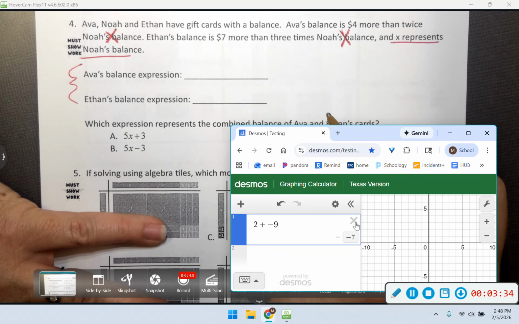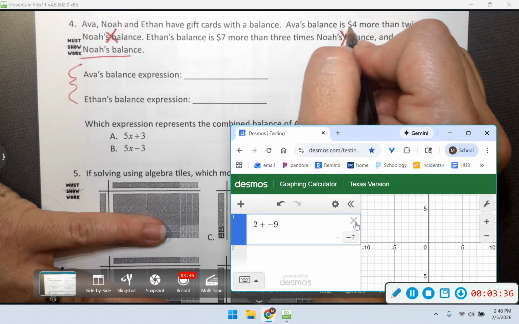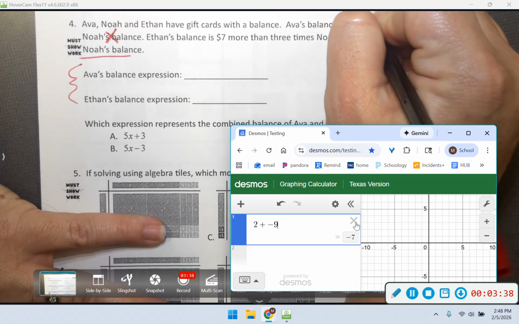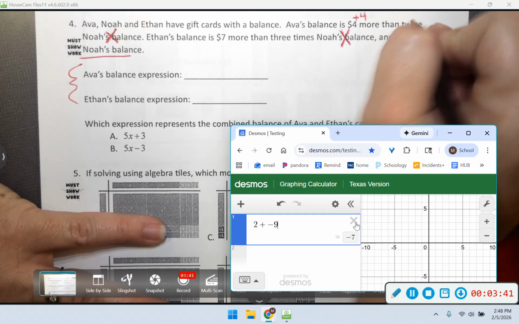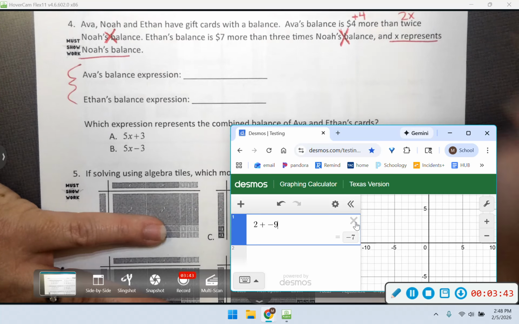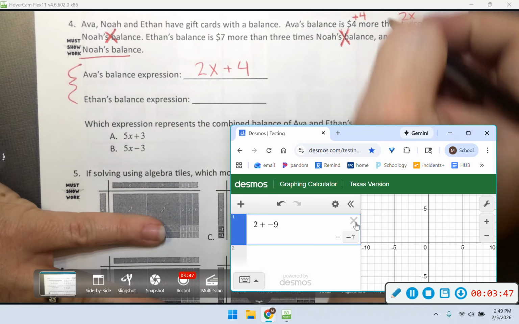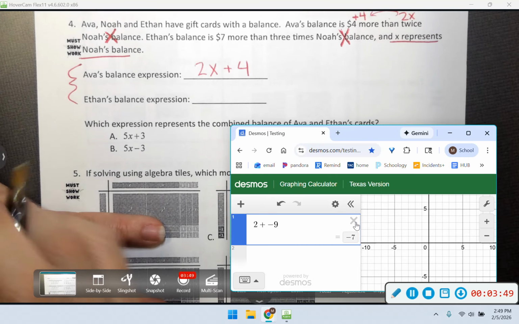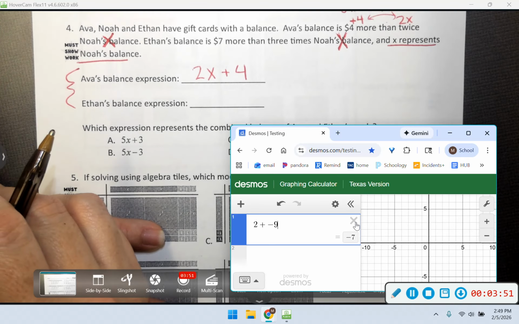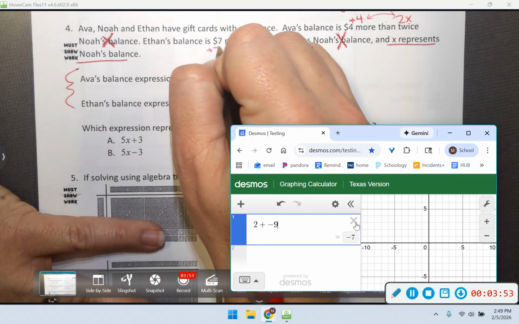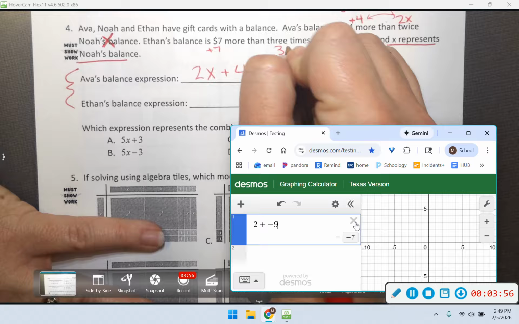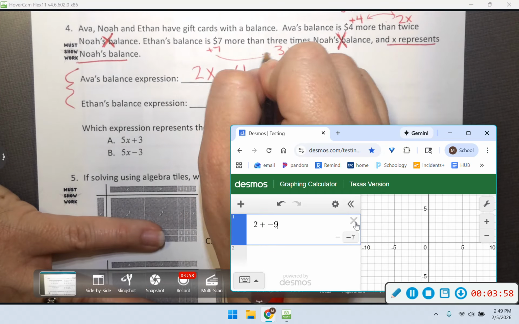Okay. So it says Ava's balance is 4 more. That's going to be plus 4. Then twice x. Well, twice x means 2 times x. So 2x plus 4. Then usually means to flip them. Okay. Ethan's balance is 7 more. So plus 7 than 3x. So again, then is going to be to flip them.